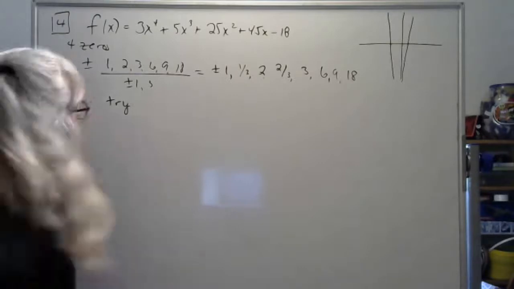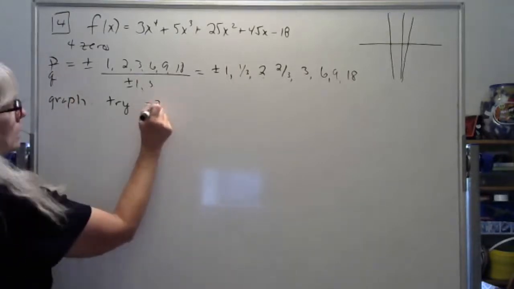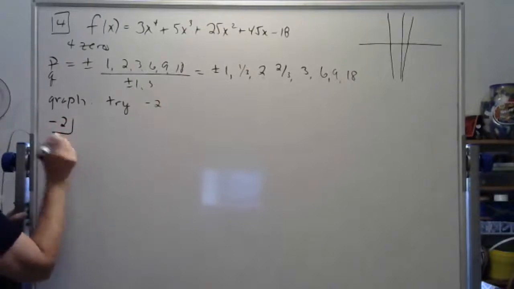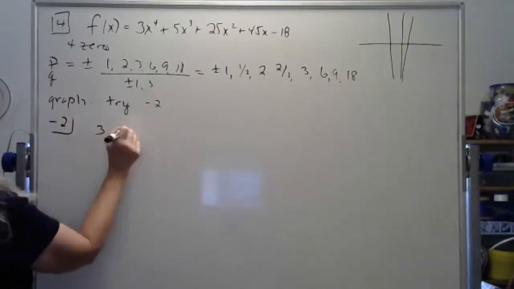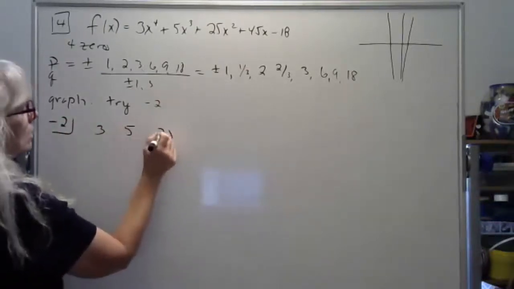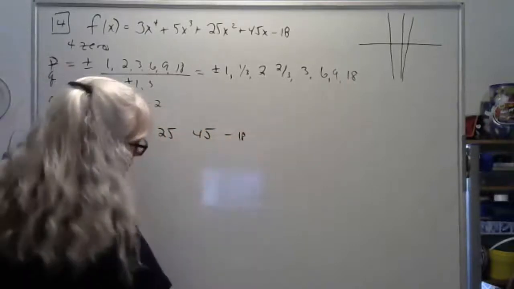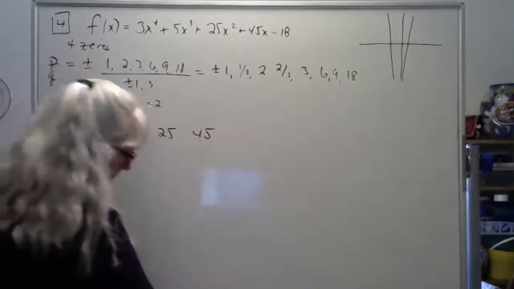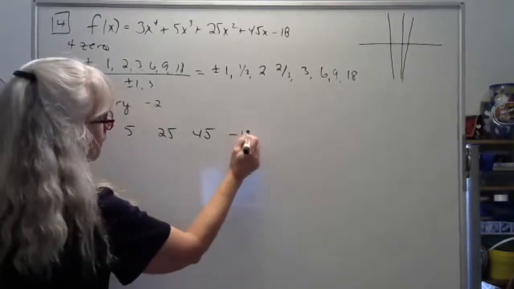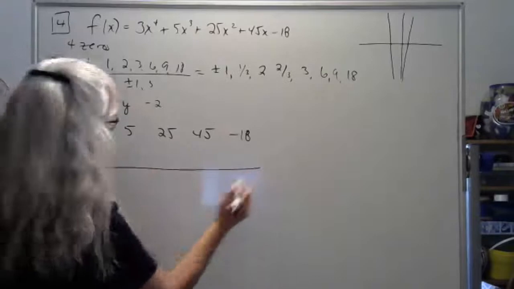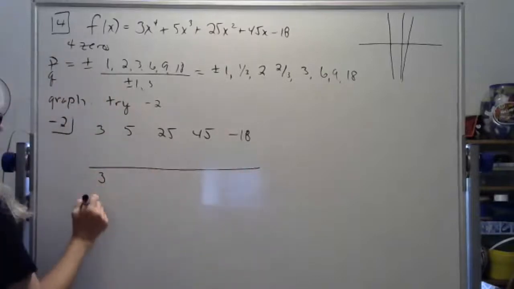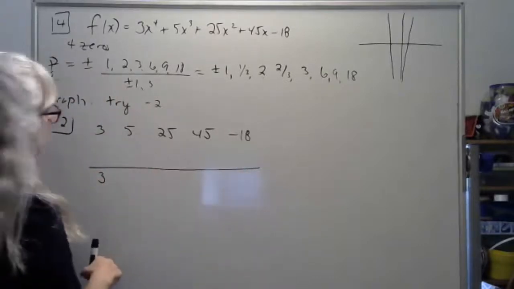-2. Beautiful. So we're going to try -2. So let's see, we have 3, 5, 25, 45, negative 18. So you go through and do the synthetic division.